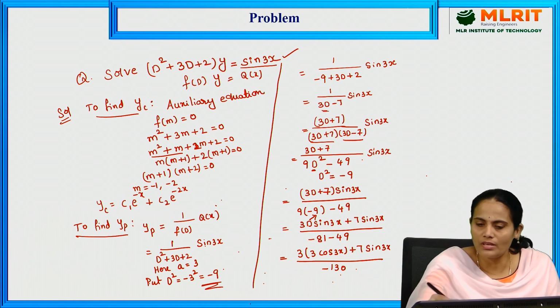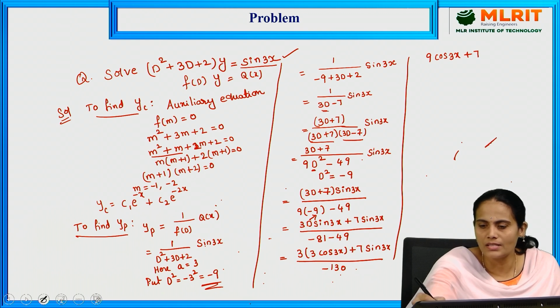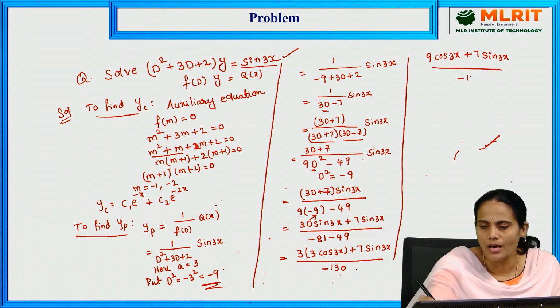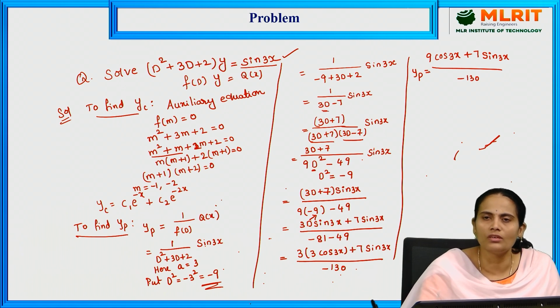Now we simplify this: 3 threes are 9, so 9 cos 3x plus 7 sine 3x divided by minus 130. This is the yp of the given differential equation where Q of x is equal to sine 3x.